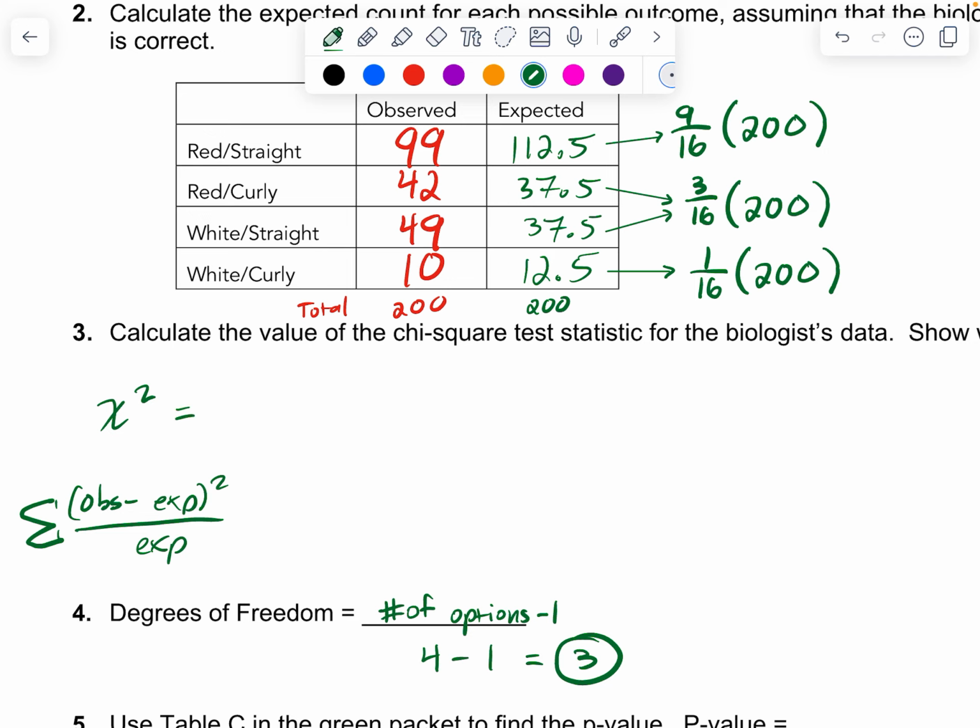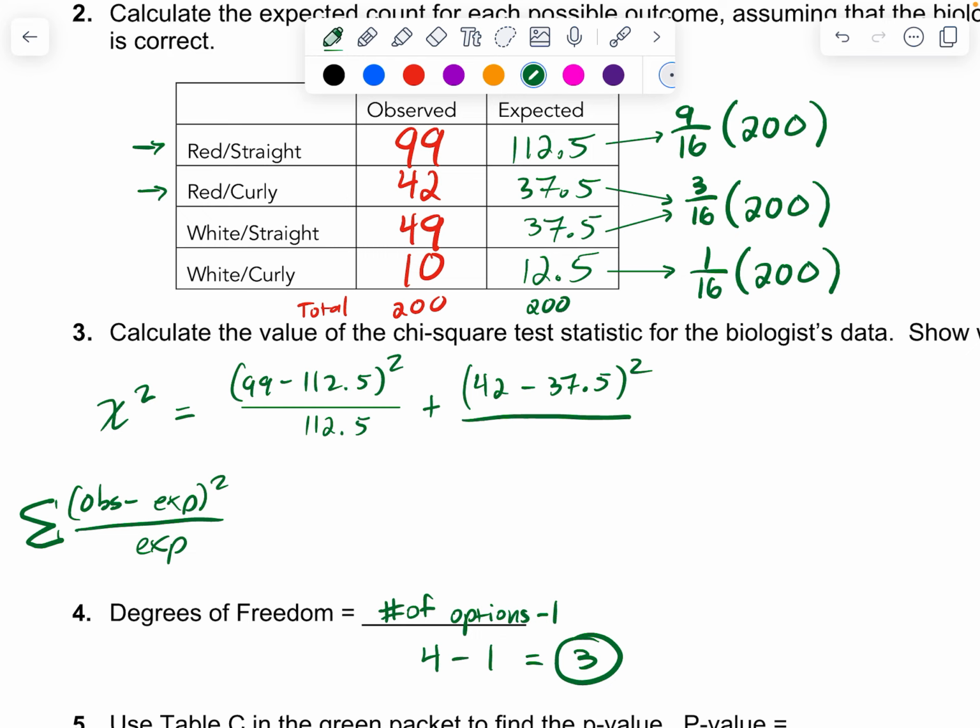So the first row would be observed was 99, expected was 112 and a half. Square it and divide by the expected 112 and a half. And then let's do the next row. 42 was the observed value. It was a little bit above what we thought it should be, about 5 above. And you divide by expected.